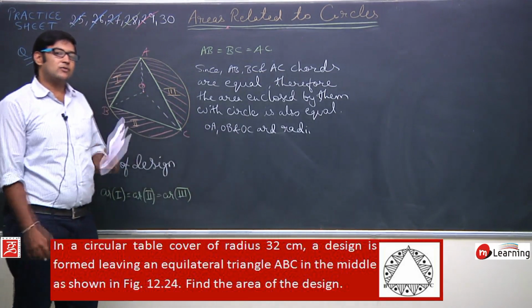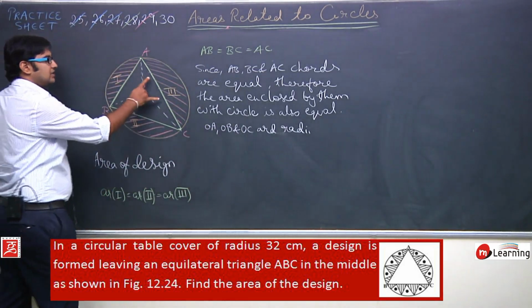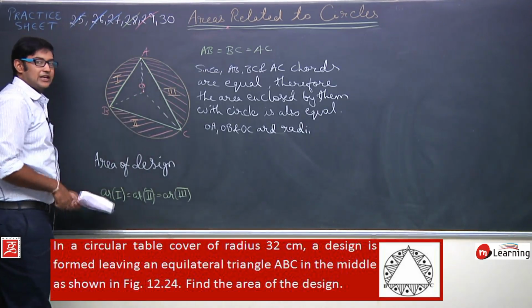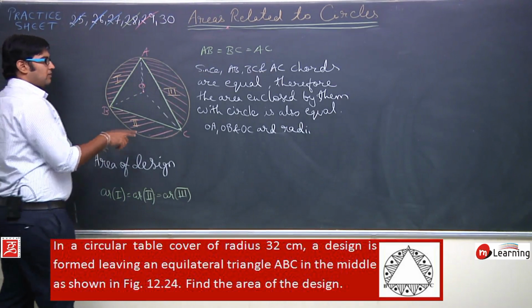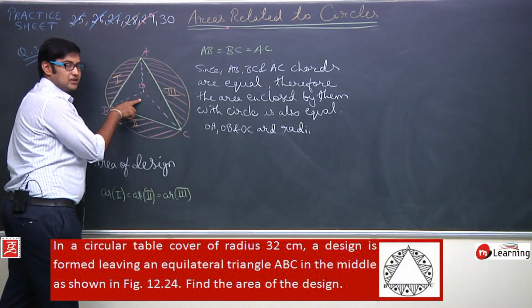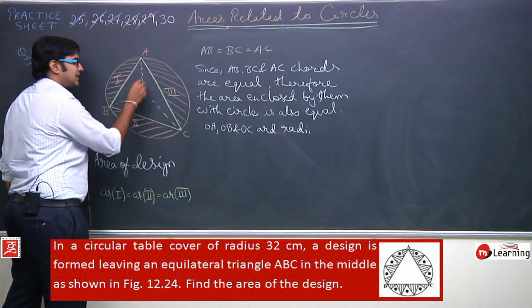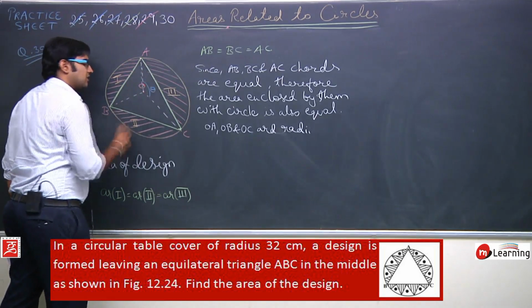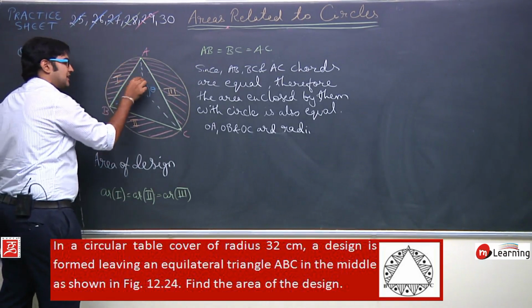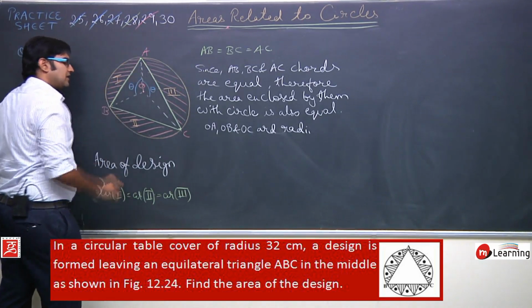Now, one more important thing: since the three chords are equal in length, the angle subtended by chord AC at the center is, let us say, theta. Similarly, the angle subtended by chord AB at the center is again theta.